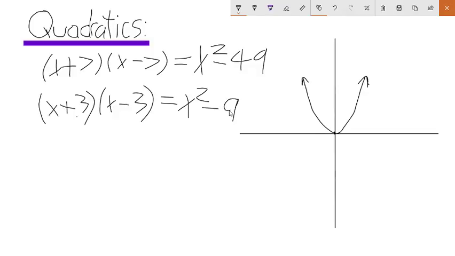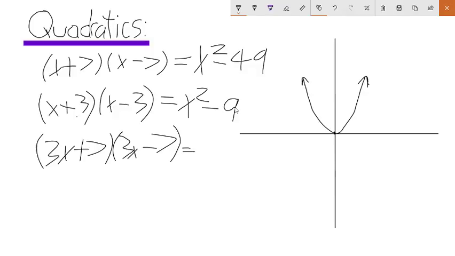Now let's try it with a coefficient on x. Let's say we have 3x plus 7 times 3x minus 7. Let's see what this expression equates to. 3x times 3x is 9x squared. 3x times negative 7 is a minus 21x.